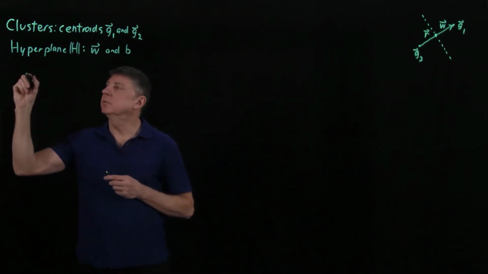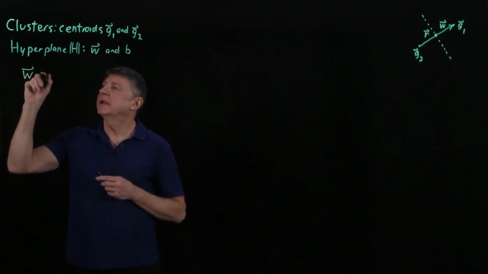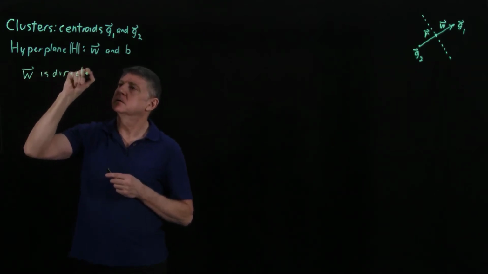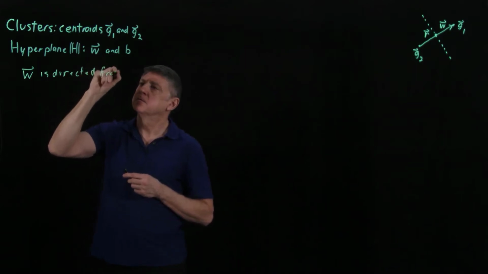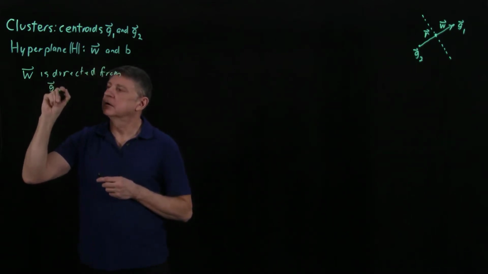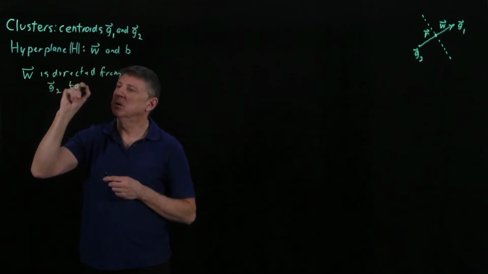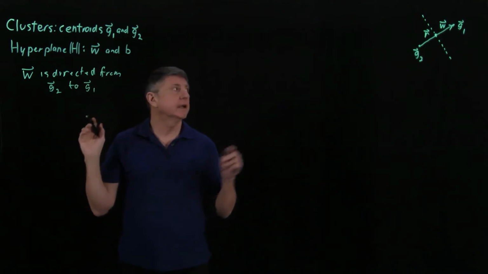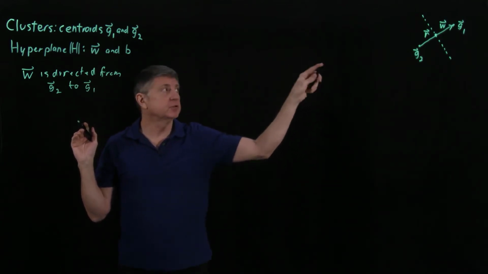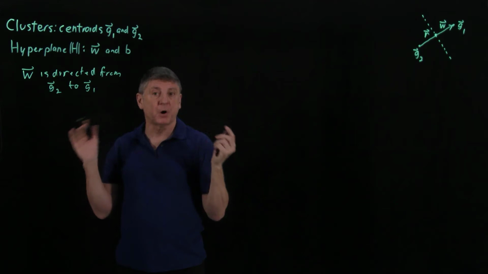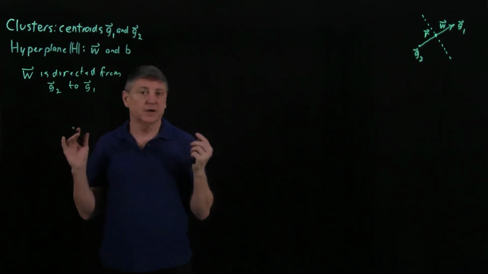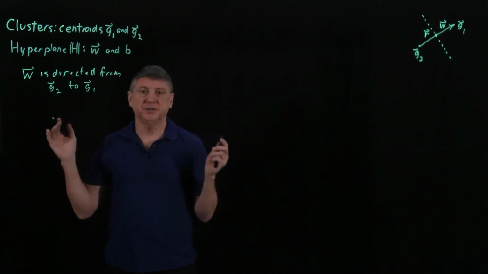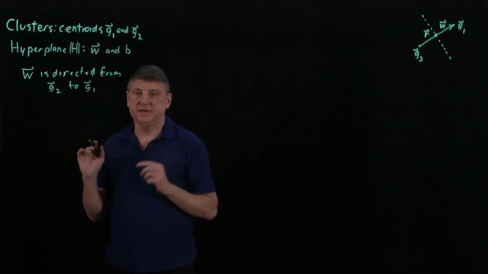So immediately, we can say that w is directed from our second cluster to our first cluster. And this is a choice that we're making. We're saying that G1, the centroid of cluster 1, represents some positive, not in a value sense, but just some positive set, and the G2 represents some negative set.